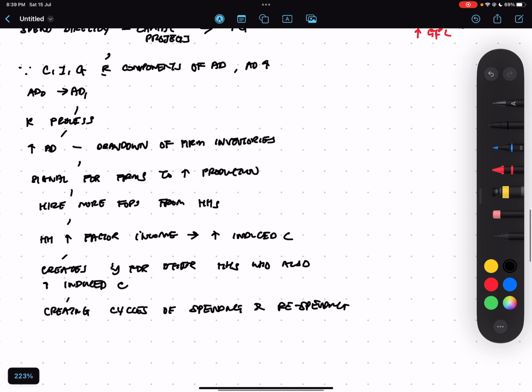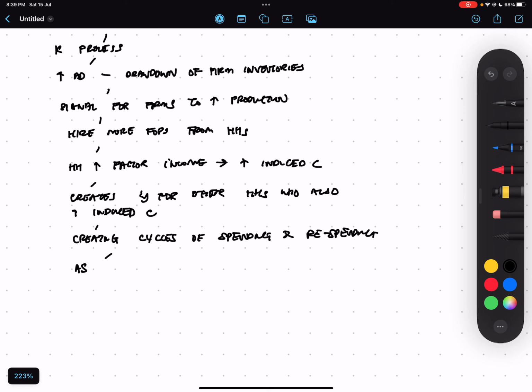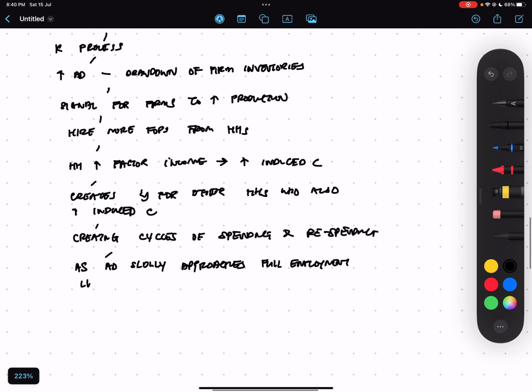But then as AD slowly approaches the full employment level, there will be a lack of spare capacity.